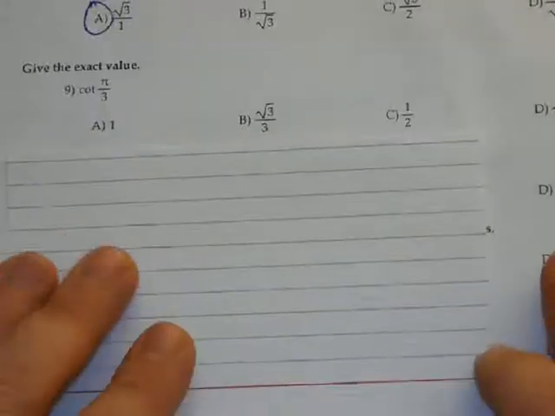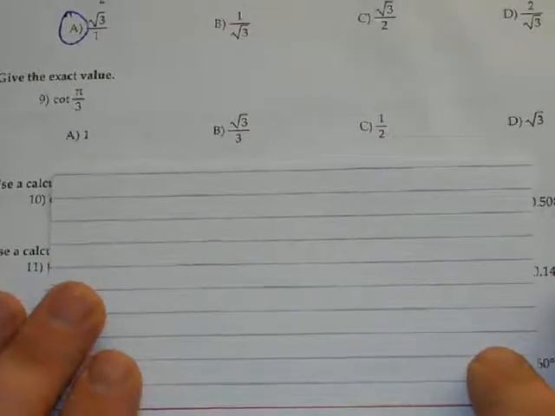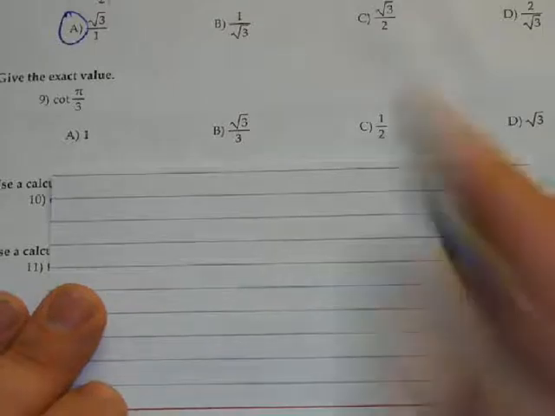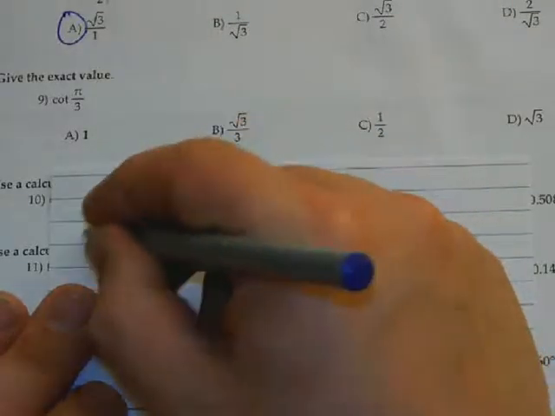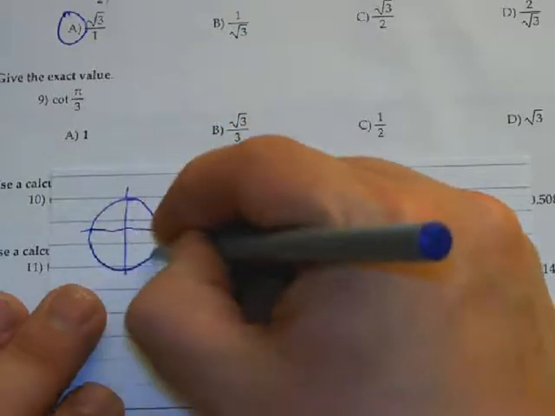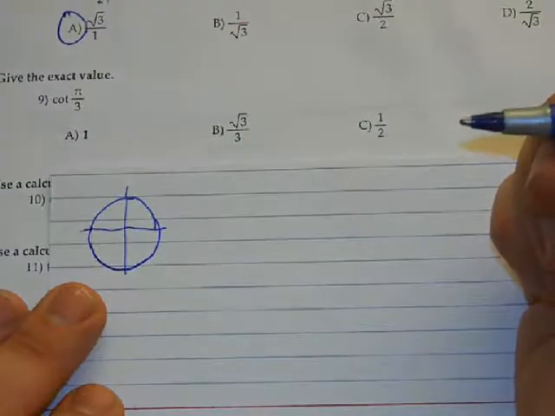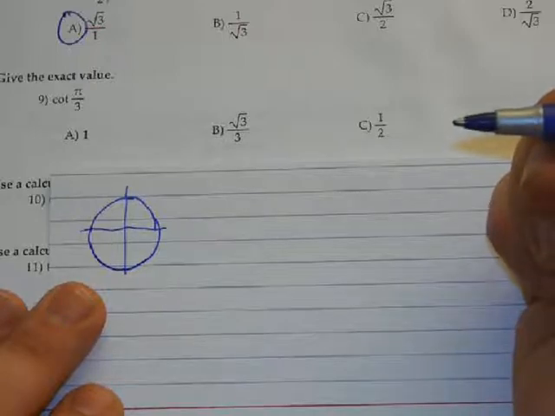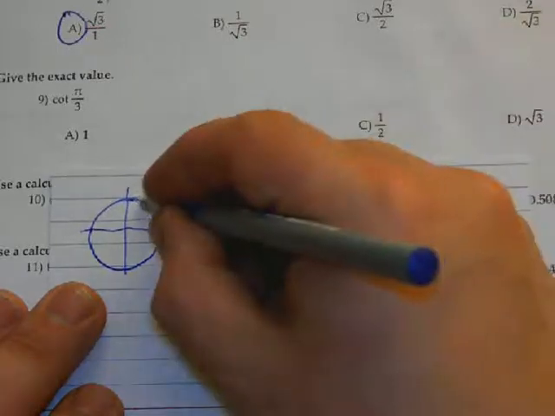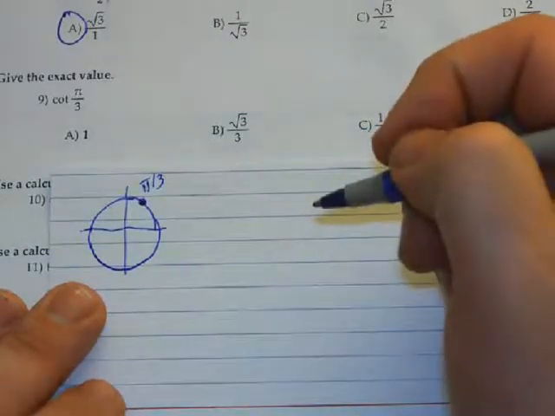Okay, number 9, give the exact value of cotangent of pi over 3. I'm going to recommend that you get out your unit circle. Go ahead and pause the video if you need a moment. Once you've found it, I want you to find the x and y coordinates for pi over 3.